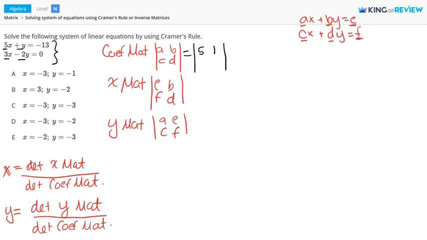For the x matrix, we start with E and F, which are the constants, so negative 13 and 0. And then we have B and D, so 1 and negative 2. And then our y matrix, we have A and C, so 5 and 3, and then E and F, negative 13 and 0.